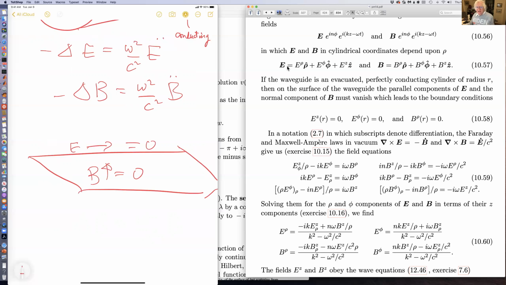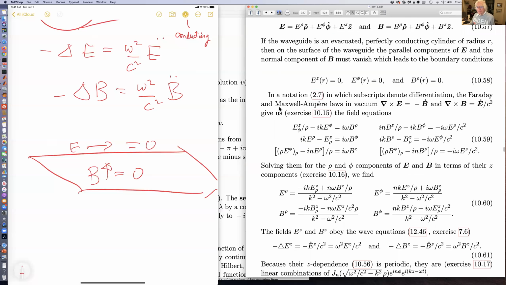And so we're going to set E equal to E rho times the unit vector in the rho direction, plus E phi times the unit vector in the phi direction, plus E z times the unit vector in the z direction, and so forth. We imagine the waveguide as an evacuated, perfectly conducting cylinder of radius r.